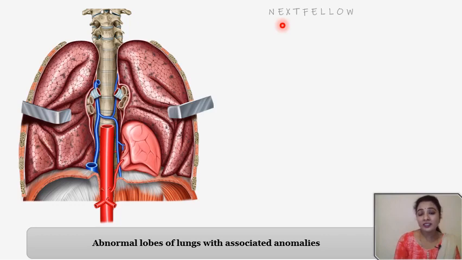In this image, this is an extralobar sequestered lobe of the left lung, where the arterial supply is directly from the thoracic or the abdominal aorta. We can see a branch of the abdominal aorta supplying this extra lobe, and the venous return is to the hemiazygous vein.